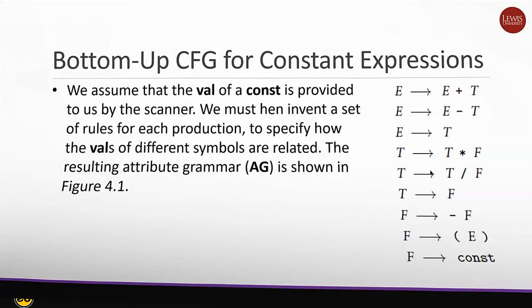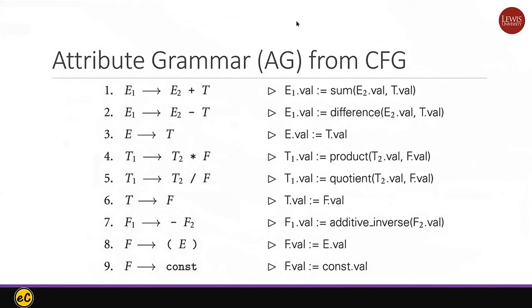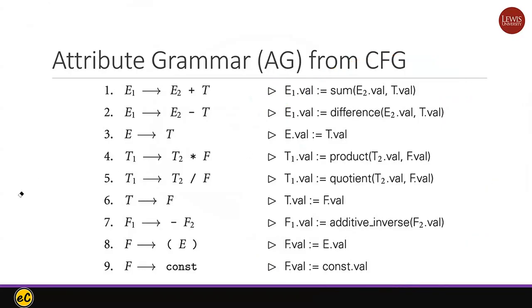And then you start to decorate it, so you have the attribute grammar like this. Your left-hand side, E1, evaluates: E1's value would be the sum of the right side values.